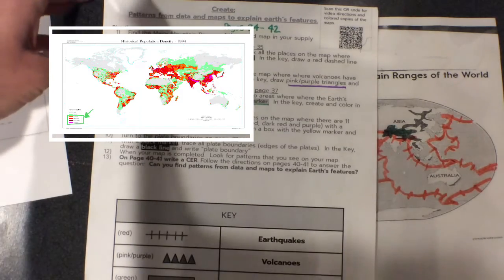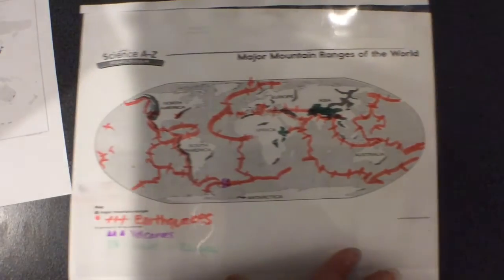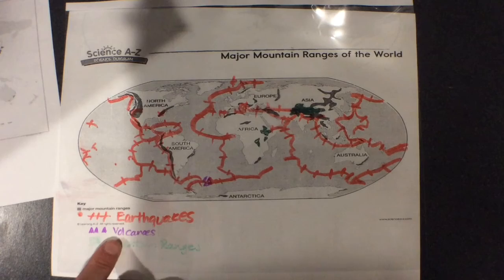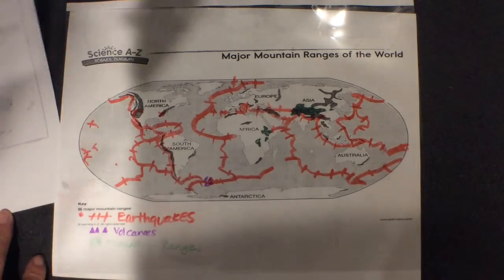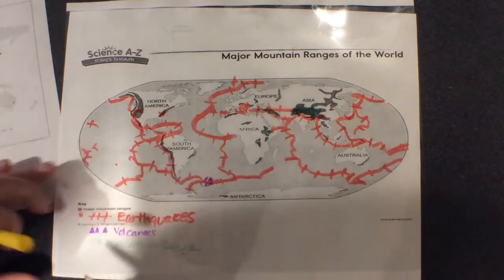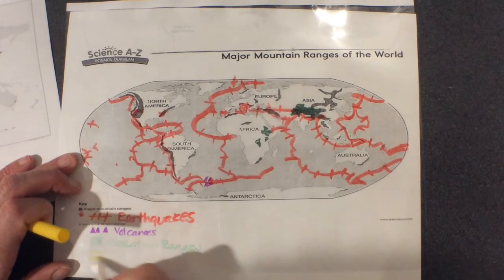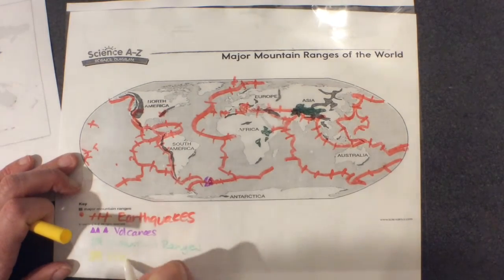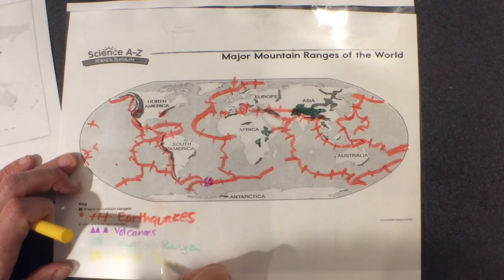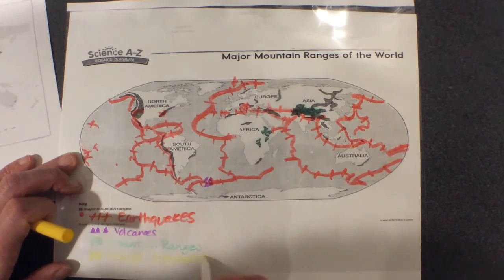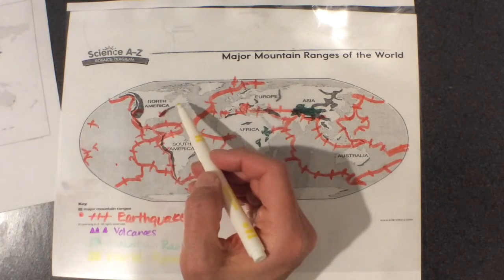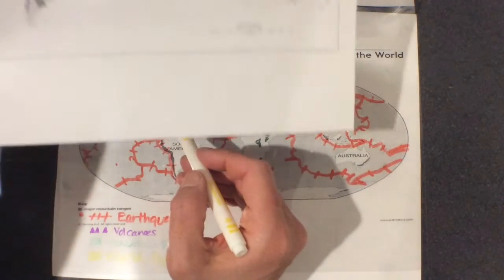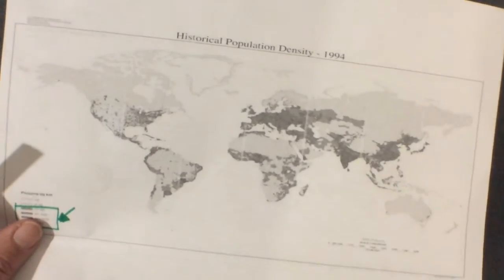If you think you can handle it, what you're going to do is use your map that has your earthquakes, volcanoes, and mountain ranges, and now you're going to grab your yellow marker and mark off where you have world population. You're going to mark off all those locations, just kind of eyeballing. Where do you see all of those world populations?